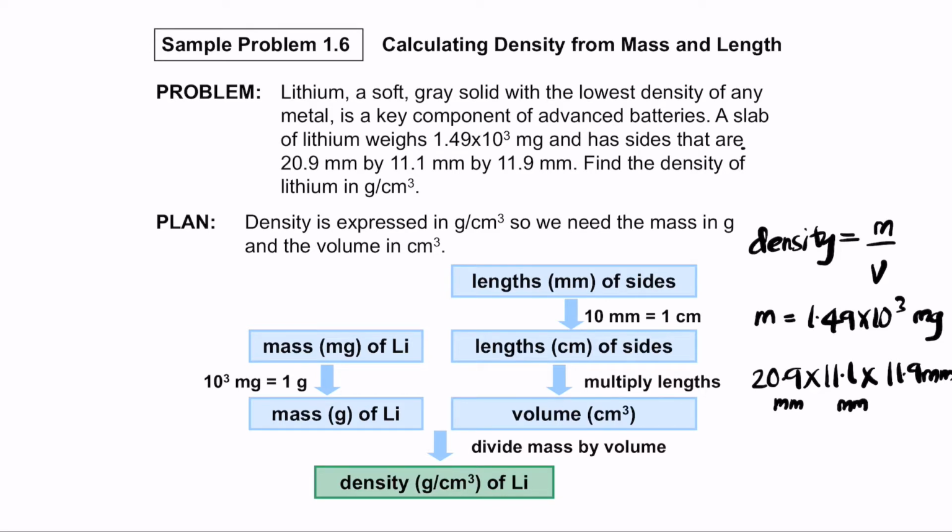Now the first thing that we want to do is look at the density, what units they've asked. They've asked for it in gram per centimeter cube. So now we want to convert it into gram per centimeter cube. So let's copy these values.